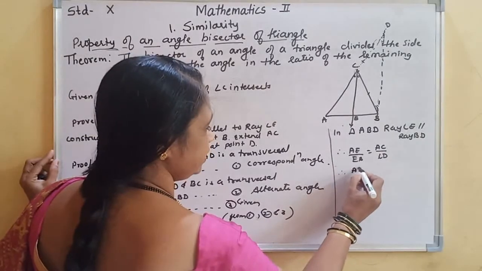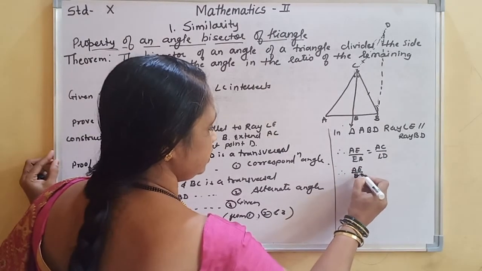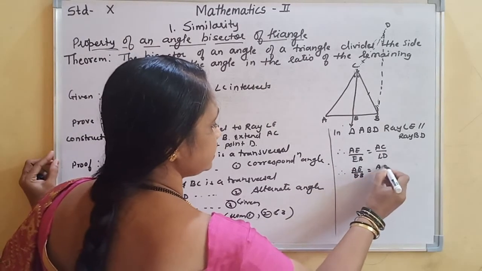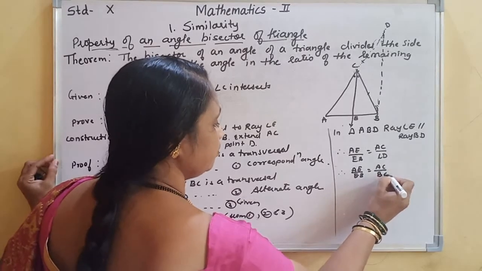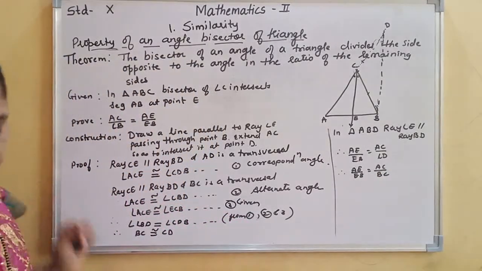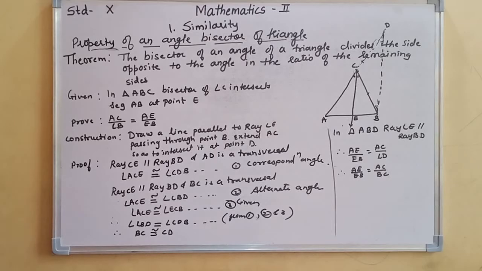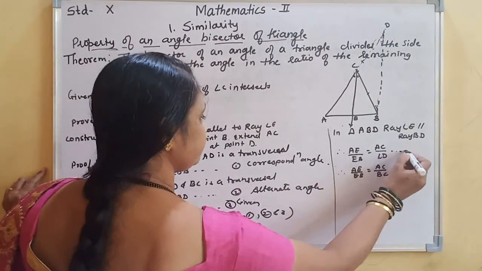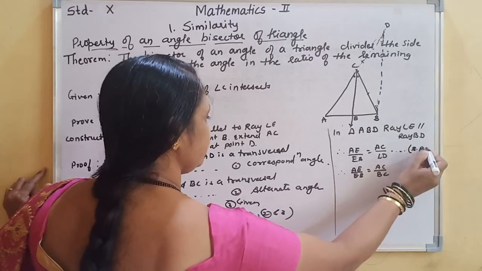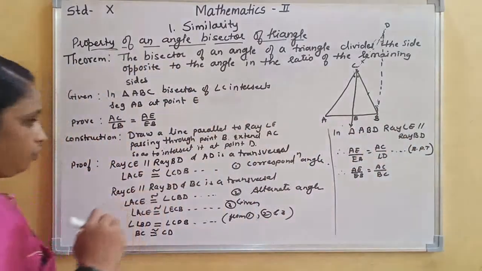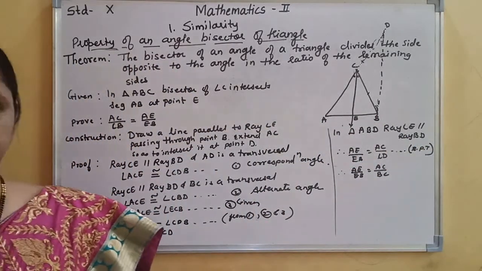Therefore, AE upon EB is equal to AC upon BC. This is due to BPT, the basic proportionality theorem.